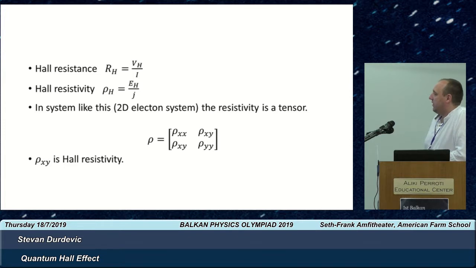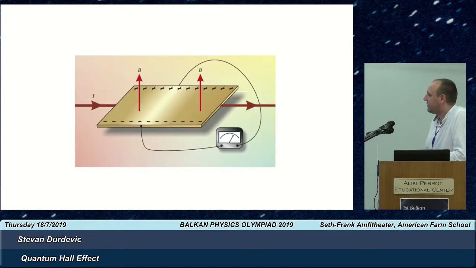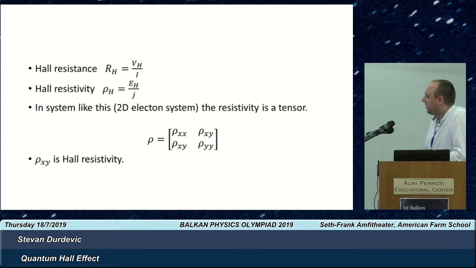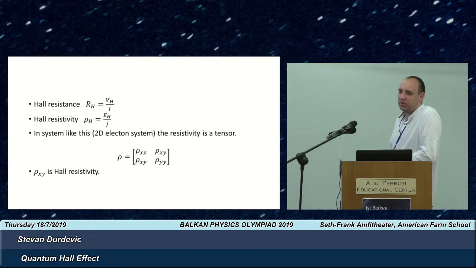Okay, the definition of Hall resistance is the Hall voltage over the current through this conductor, and then Hall resistivity. Hall resistivity is 1 over Hall conductivity, and here you can see Ohm's law in the local sense.